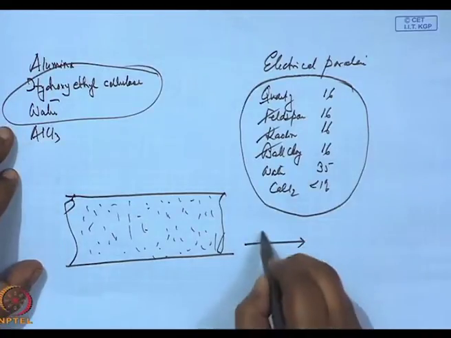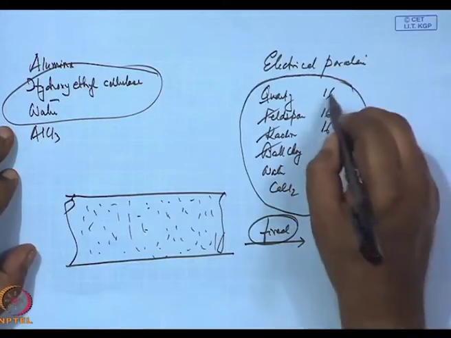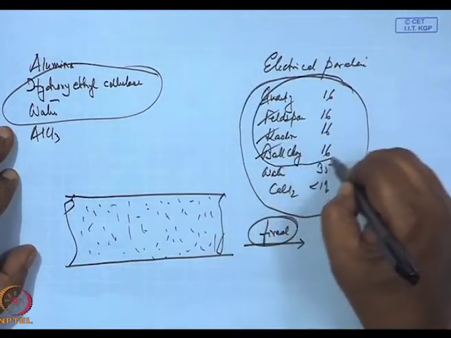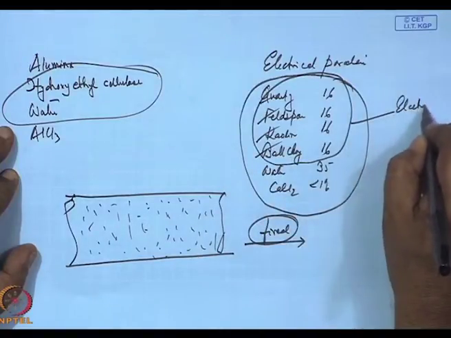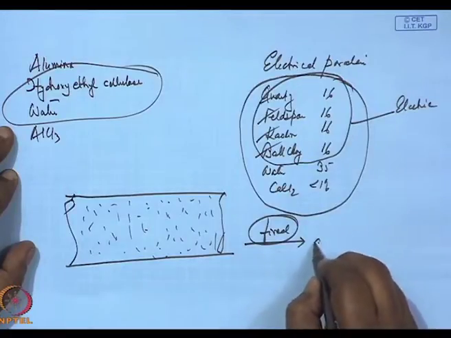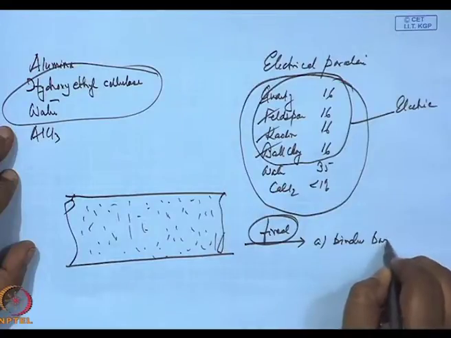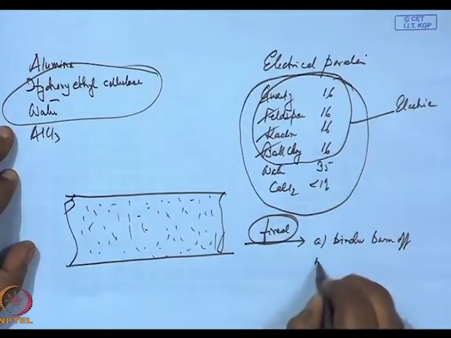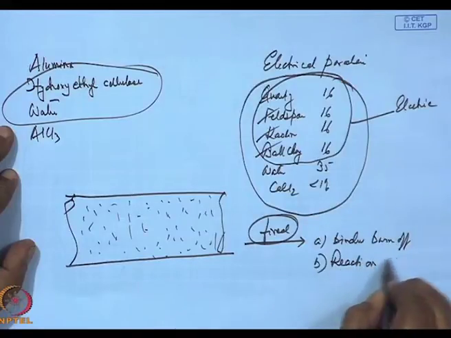This has to be fired so that all these materials react with each other to give the electrical porcelain. So, this is firing for what? A, binder burn off, B, reaction sintering.